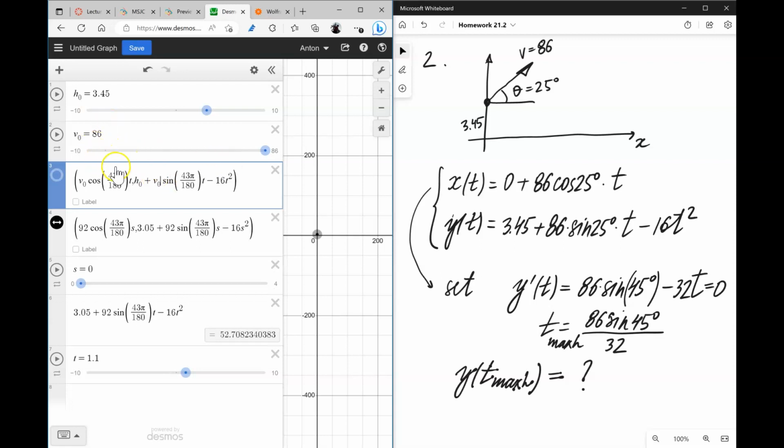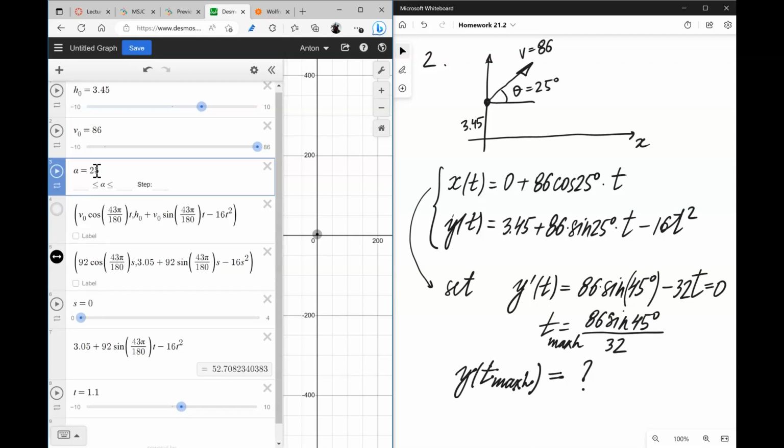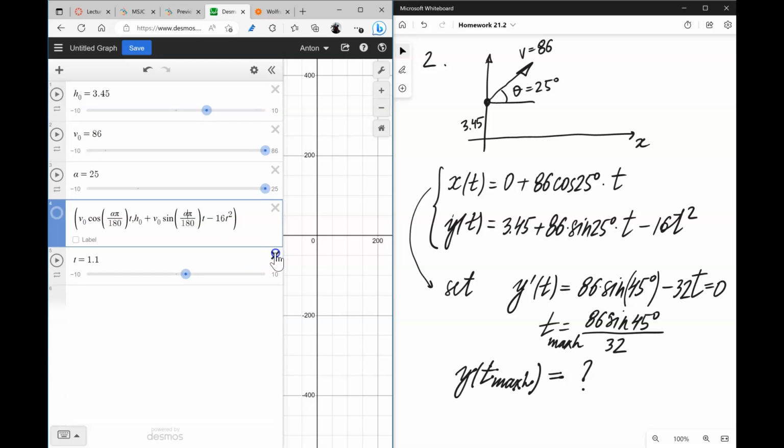We also have the angle. So the angle is theta, but it doesn't like theta, so let's use alpha for the initial angle, and then alpha will be right over here. And I think now this describes the motion of such a baseball.